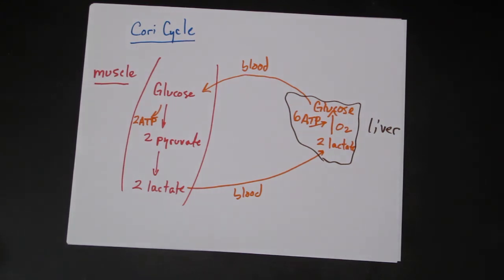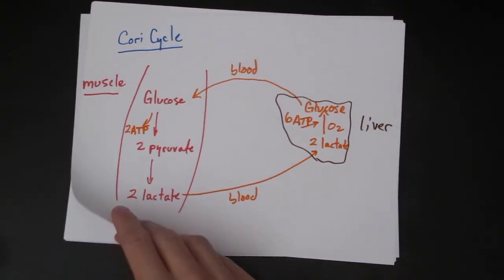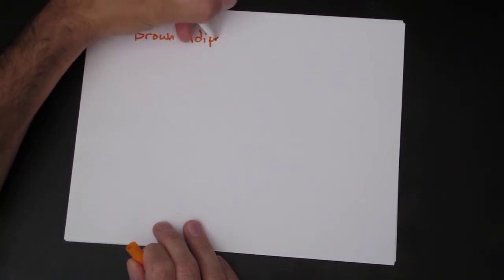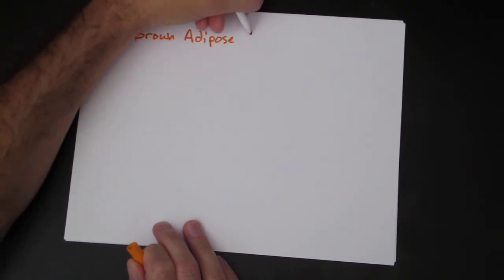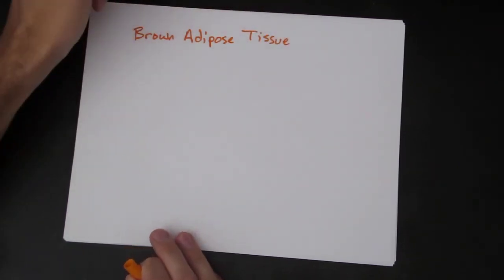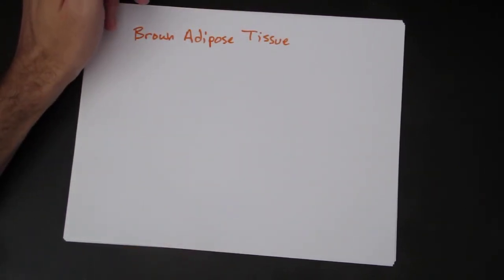Okay, the final thing that I want to talk about in this unit is sort of a variation on this theme of things that we've been talking about. I want to talk specifically about a tissue called brown adipose tissue. Brown adipose tissue is something that you and I don't have a lot of.